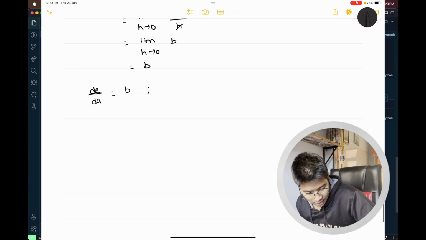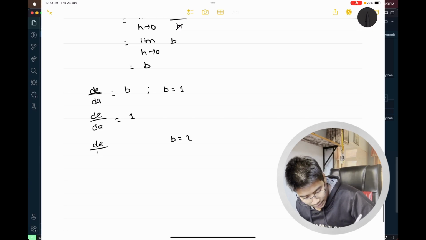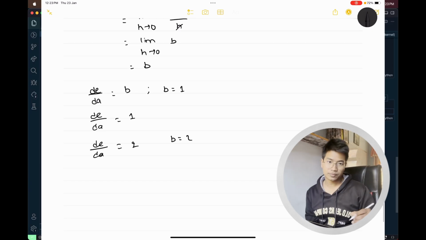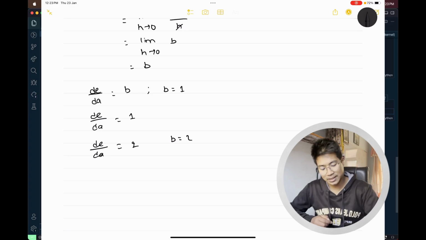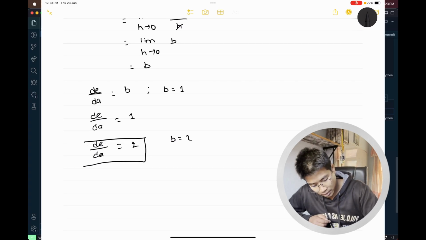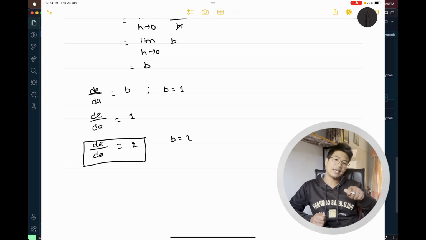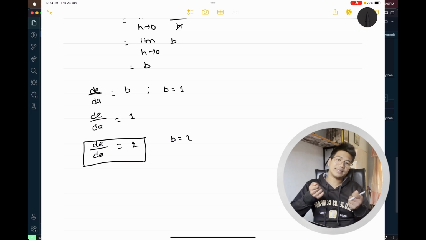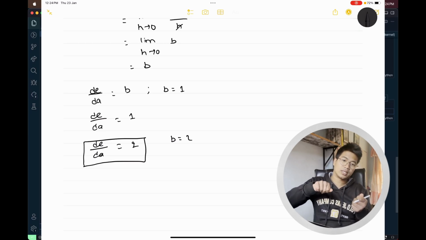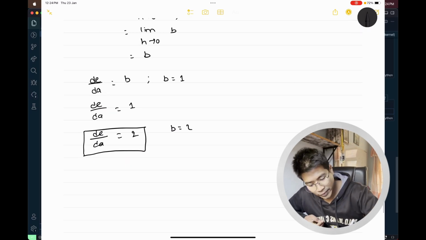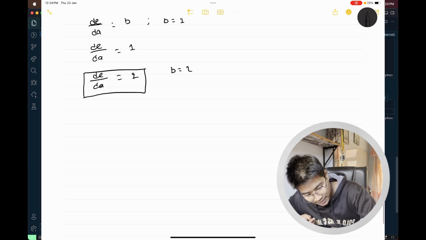So let's say if our B is a 1, then dE by dA would be 1. If your B is a 2, dE by dA would be a 2. What this basically says is, if I increase A by 1 unit, I would increase E by 2 units. Another way to think about it would be this derivative over here.